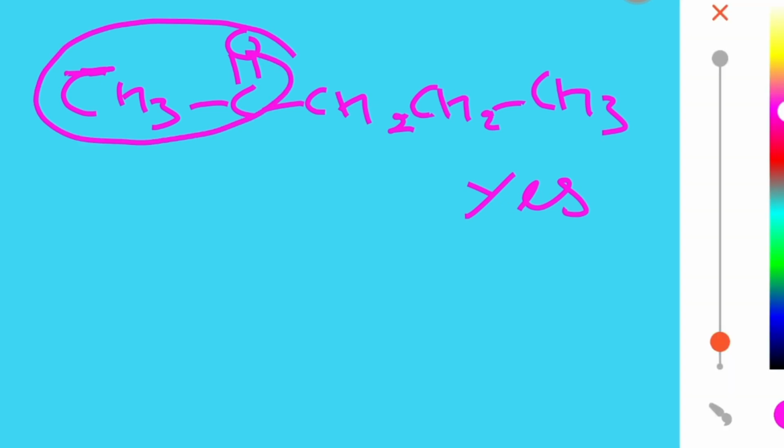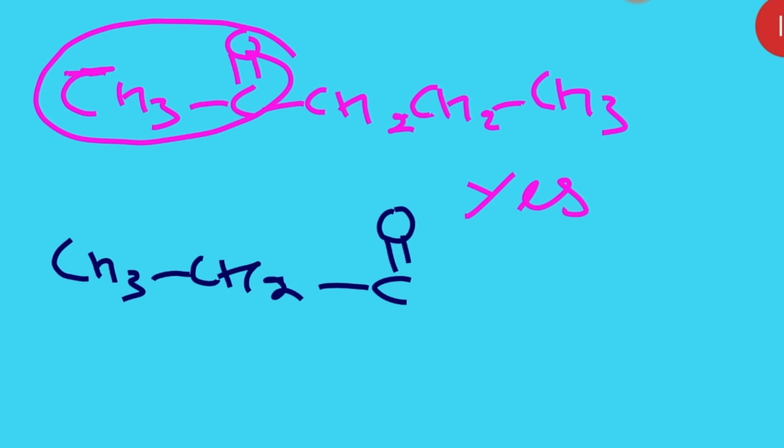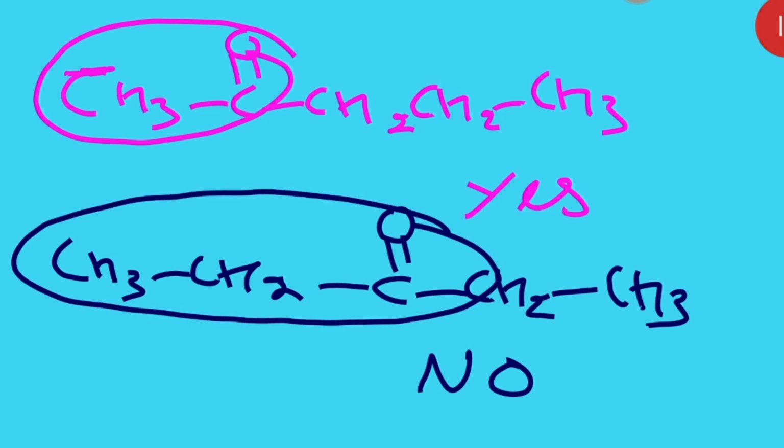Now one more, I am writing CH3CH2COCH2CH3. Will this one give the iodoform test? No. Why? Because it contains CH3CH2CO. We want CH3CO. Clear?